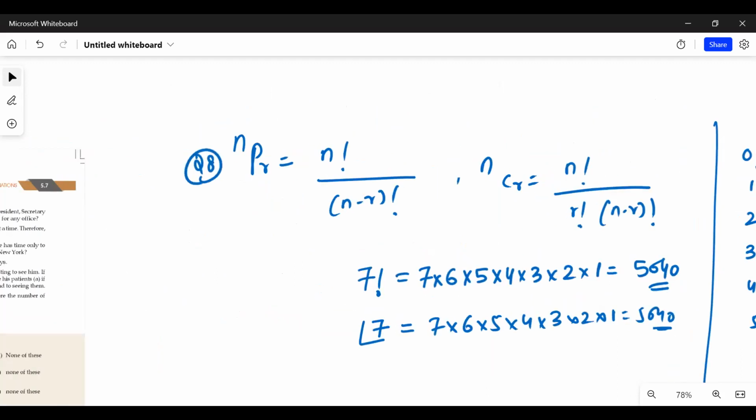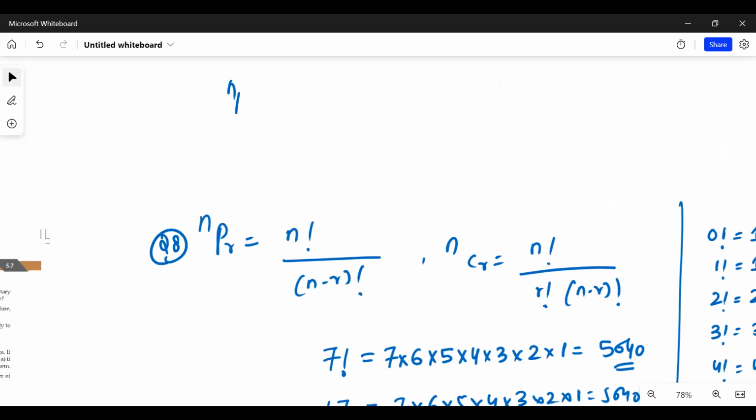The formula of nPr is n factorial by n minus r factorial. This is the first thing you have to remember: the relation between nPr and nCr.